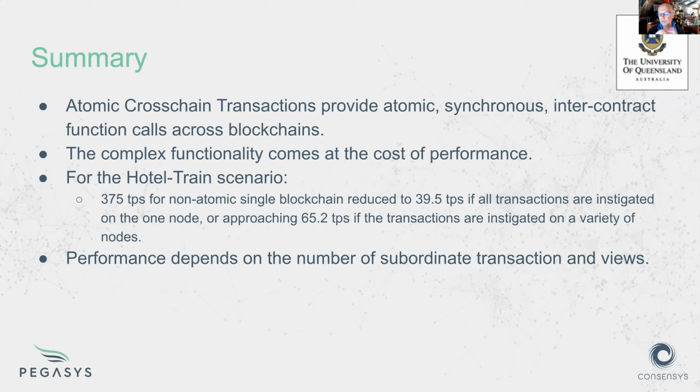For the hotel train scenario, you go from 375 non-atomic single blockchain transactions per second to 39.5 transactions per second if all the transactions are instigated on the one node, or approaching 65.2 if you can distribute the node that the transactions start on. And the performance depends upon the application, so the number of subordinate transactions and views involved in the cross-chain transaction.